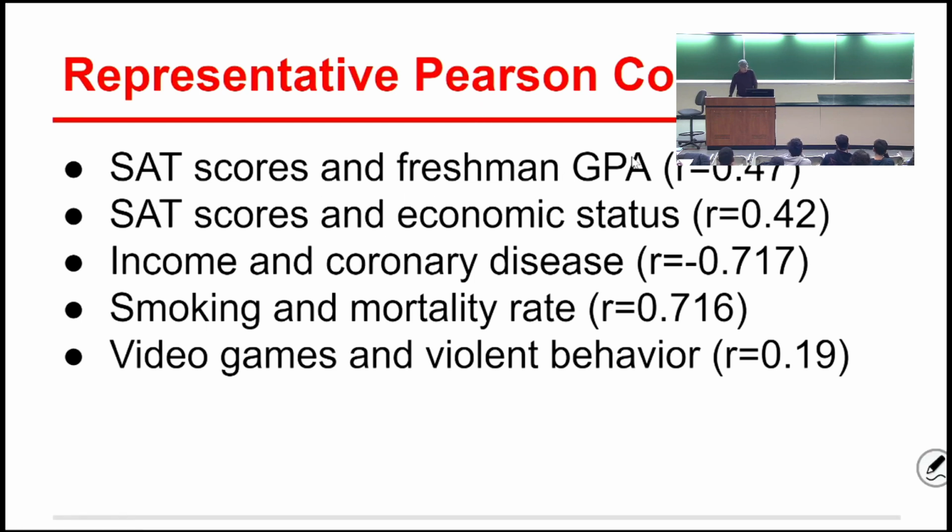And there's freshman GPA. You would like to think that of all the people admitted to Stony Brook, some have higher SAT scores than others. They're supposed to be better students, so they should get better grades. Is this true? Well, in one study I saw that the correlation between SAT scores and first year GPA was 0.47. Is that a positive correlation?